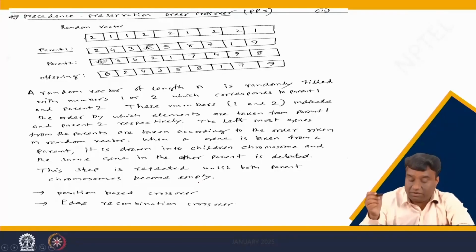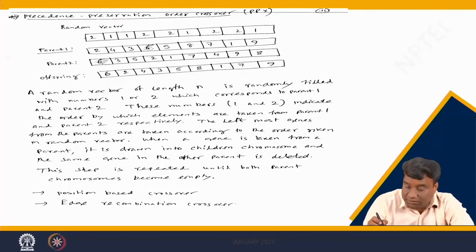Try to understand here that parent 1 can be written as 2, 4, 3, 6, 5, 8, 7, 1, 9.